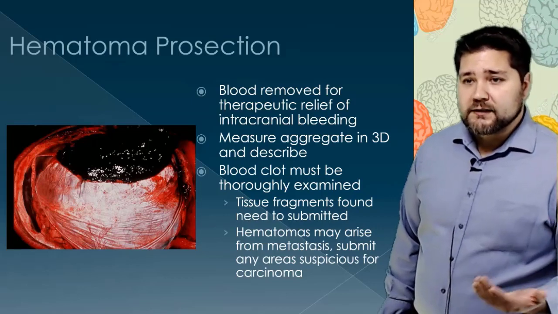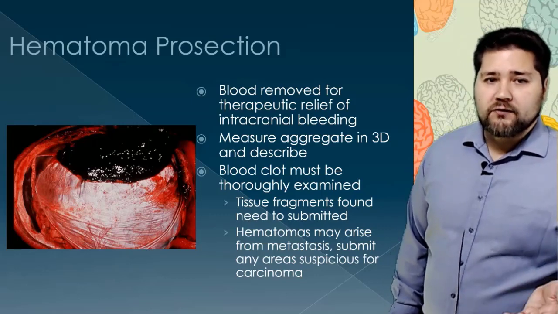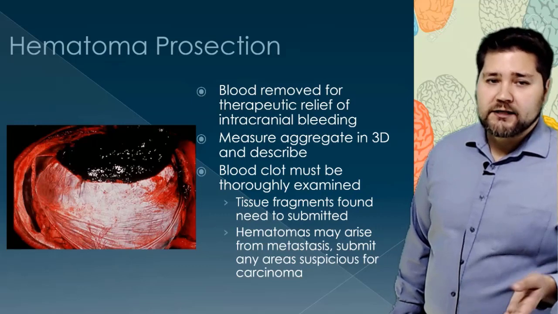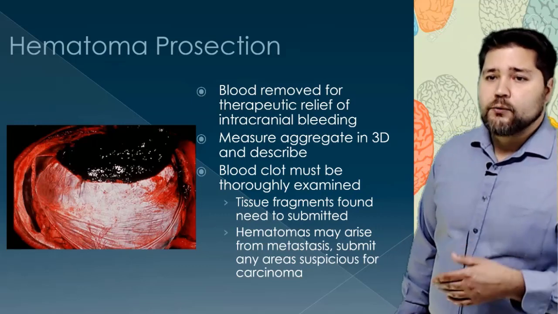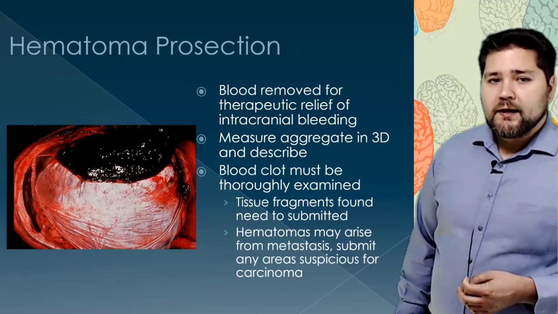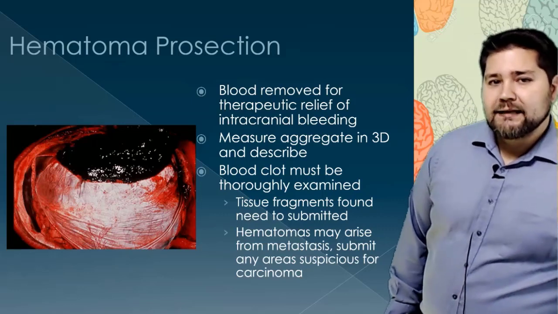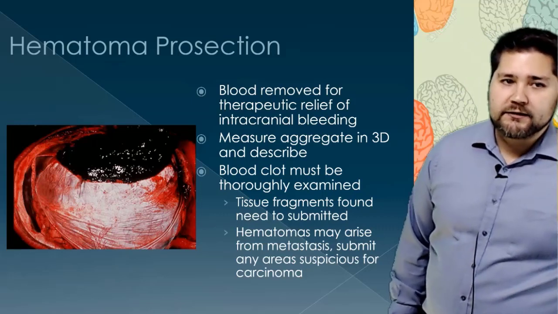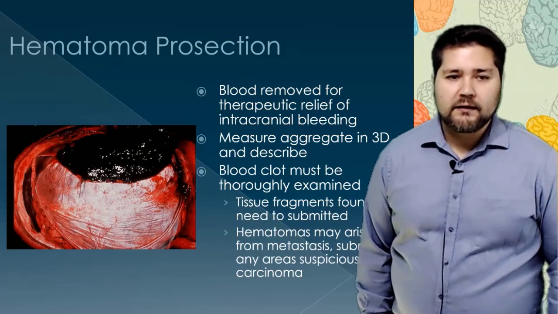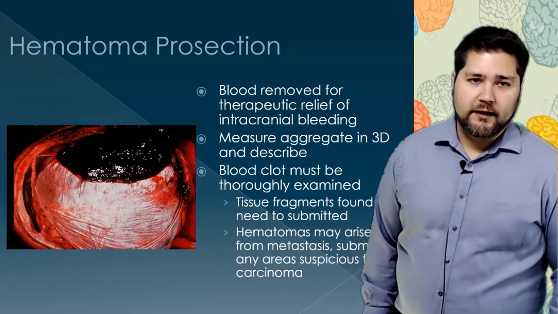Describe the cut surface as being regular red-brown, or maybe there's fragments of firm tan white tissue or calcified areas. So if you do see anything unusual, that's the area you want to focus your sampling on. But oftentimes if you don't, or if it's just a normal hematoma, 1 cassette or maybe 2, depending on your hospital, is fine just to verify the diagnosis of hematoma. But again, anything suspicious, always focus your sectioning on that.